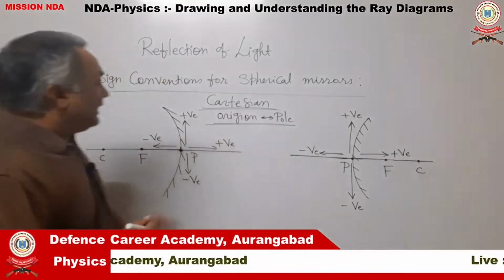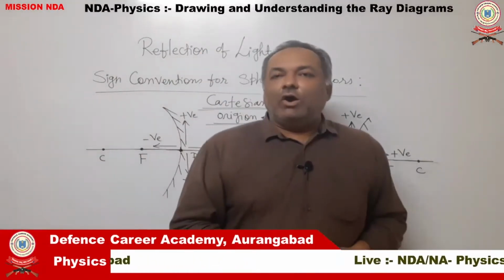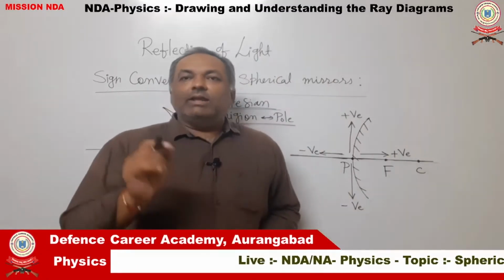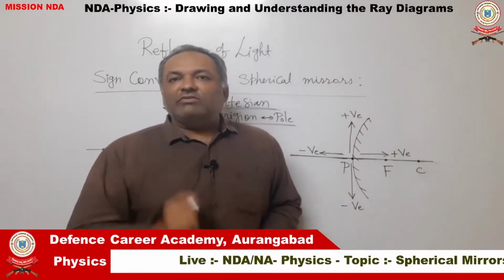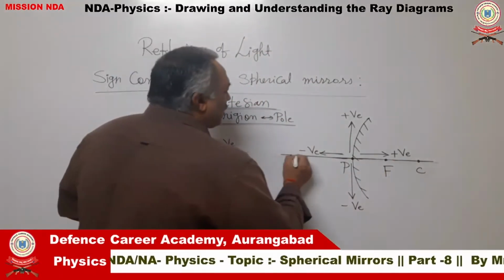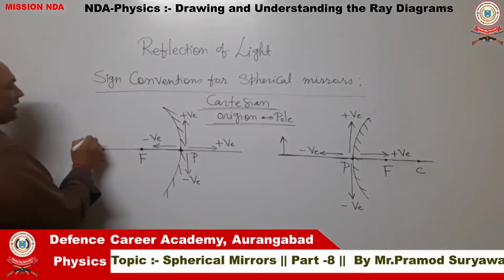First, the object is always placed on the left side of the mirror, in front of the mirror, so that the incident rays always travel from left to right. It could be a convex mirror or a concave mirror.